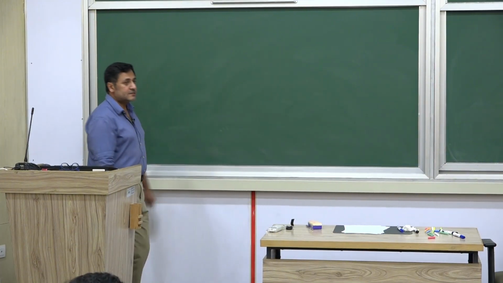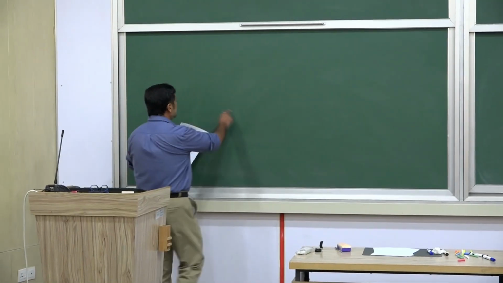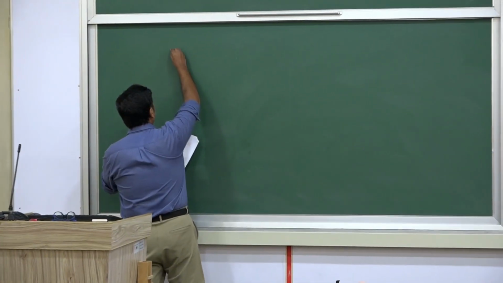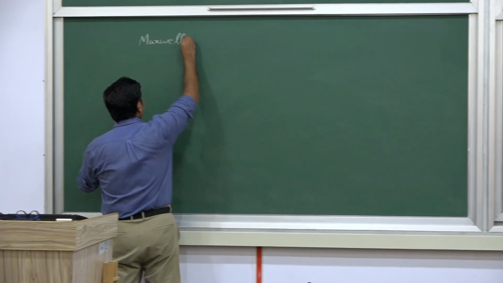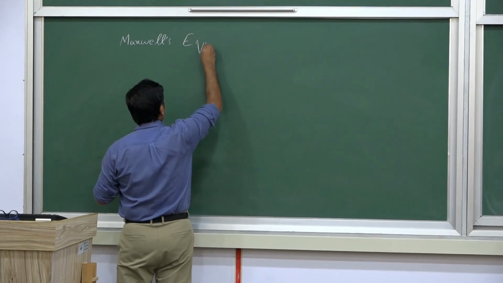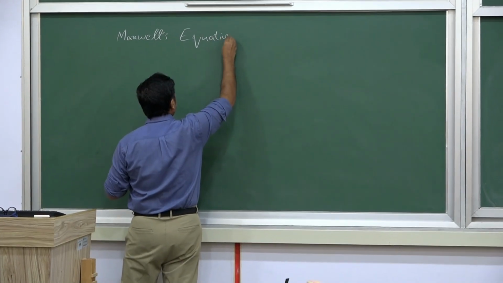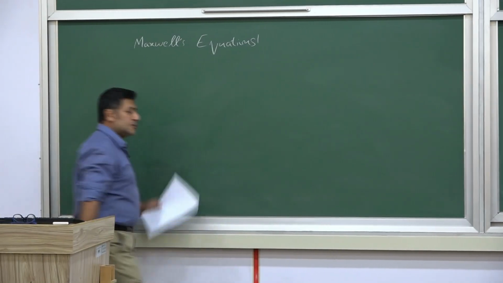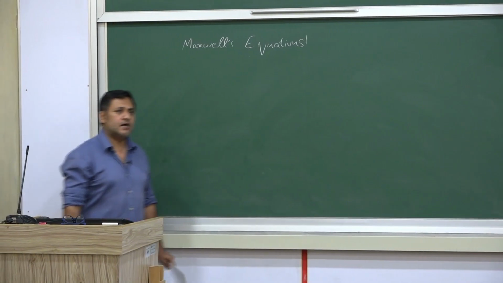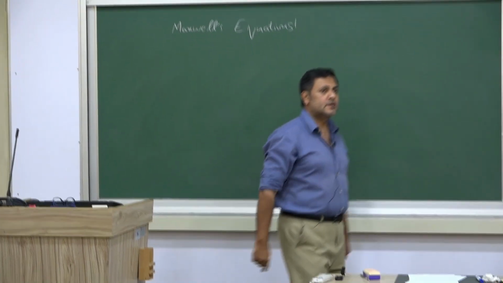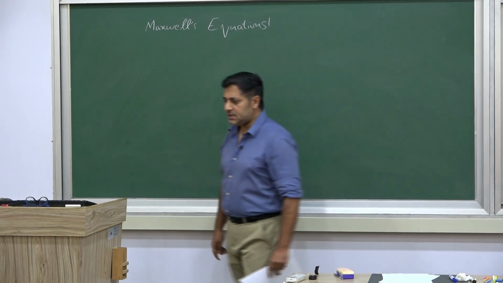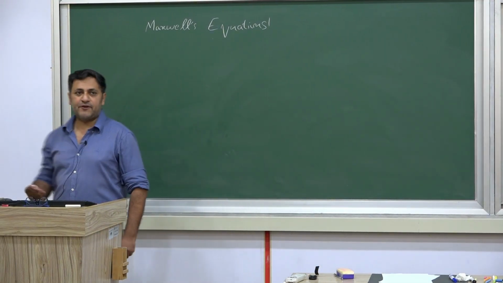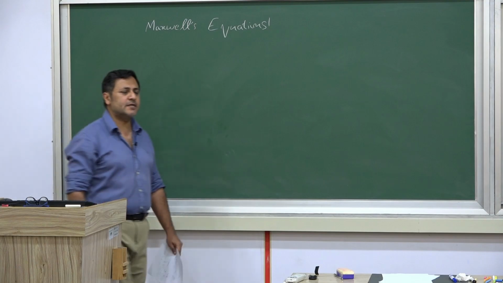So let's discuss what the Maxwell's equations are. Everyone is aware, at least from high school, that there are electric and magnetic fields, and they affect the motion of charged particles.